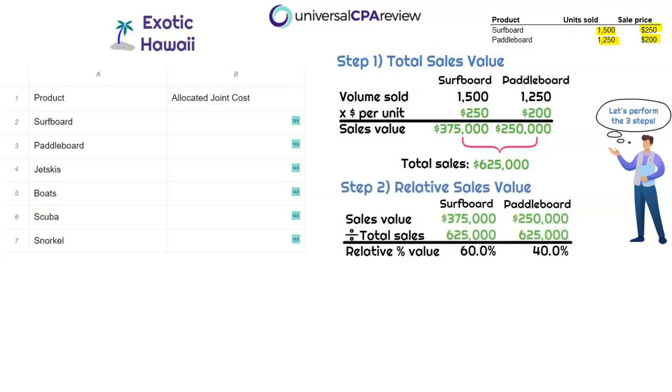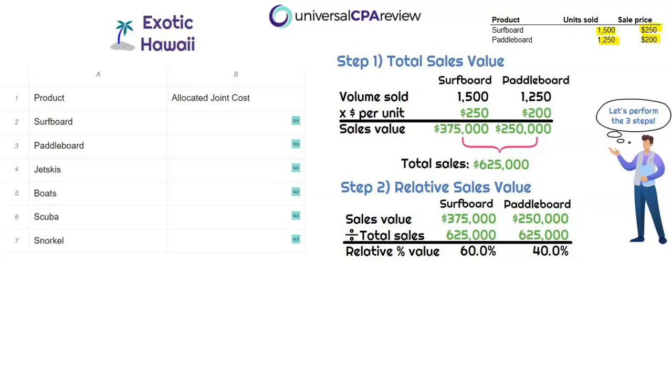Now in step 2, this is where we need to calculate basically the relative sales value for each of these products. And this is just a ratio out of 100%. So just like any other ratio, we'll take the sales value for surfboard of $375,000 divided into that total sales amount of $625,000, and that means surfboard makes up 60% of total sales.